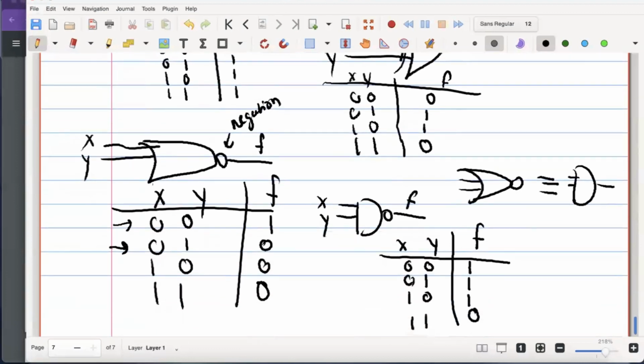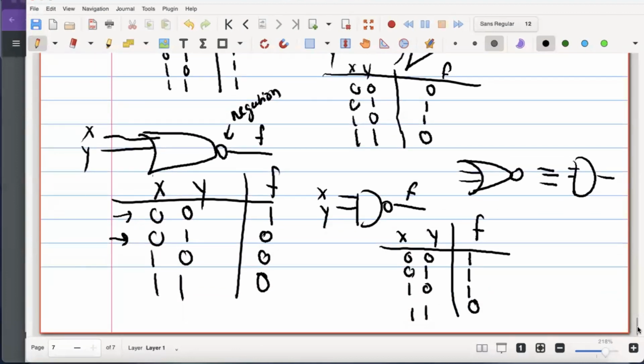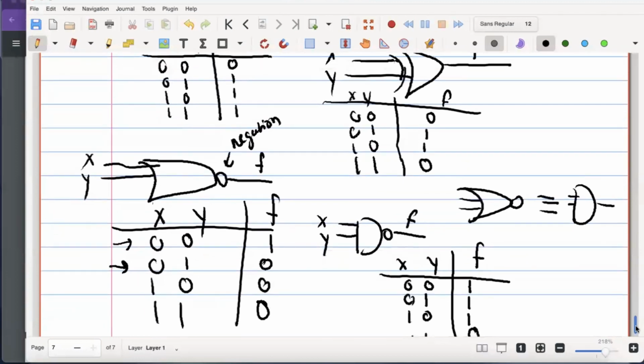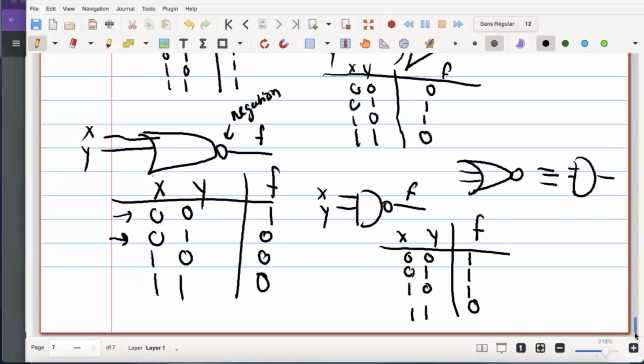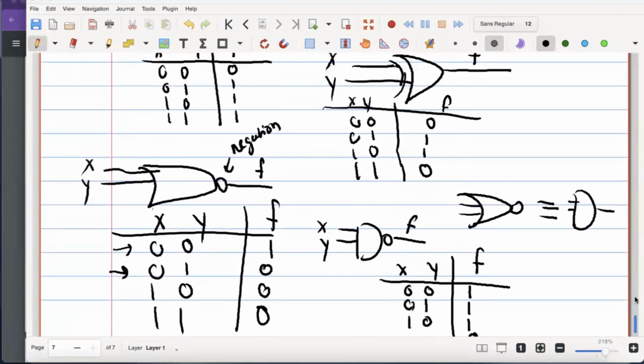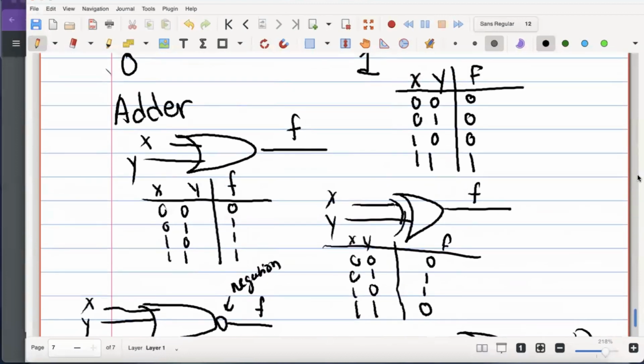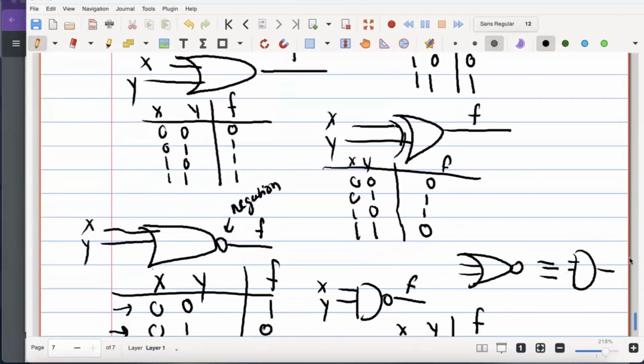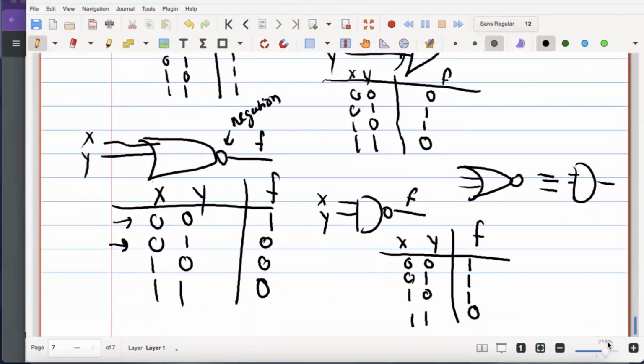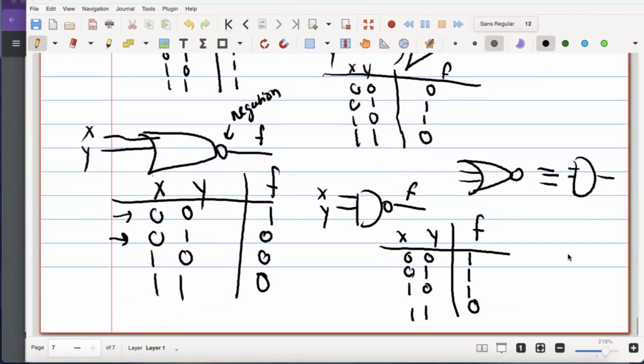Wait, give me a second. 0, 0. It's supposed to be familiar with one of these. Okay. Usually NAND gates are equivalent to, wait.